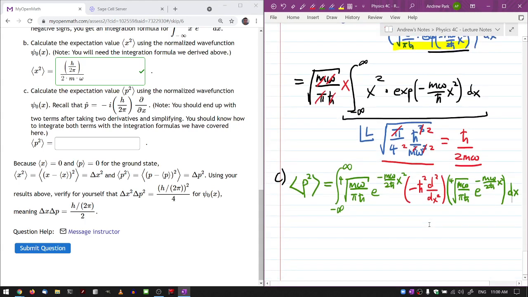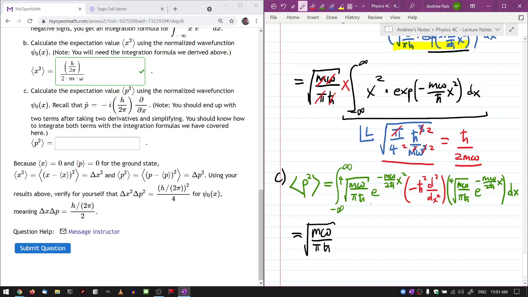I'm looking at this second order derivative, and I'm going to do this partially using a computer algebra system. So let me first simplify this a little bit. I can pull out the constant coefficient. The fourth root times the fourth root becomes the square root of m omega over pi h bar.